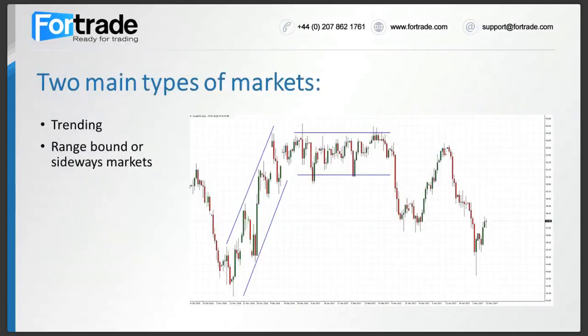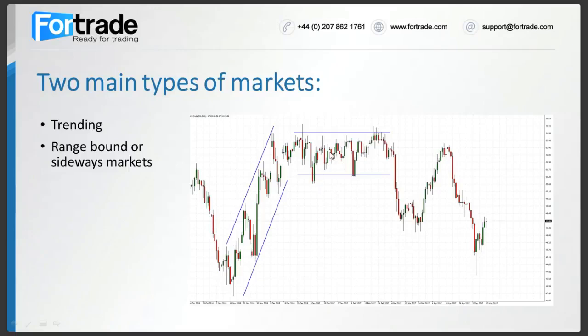So there are two main types of the market, trending market and range bound or sideways market. A trending market looks like this. Here the market is moving in one direction. Also, this could be a trending market, and this is the downside.